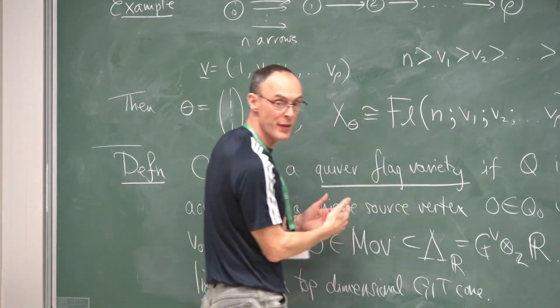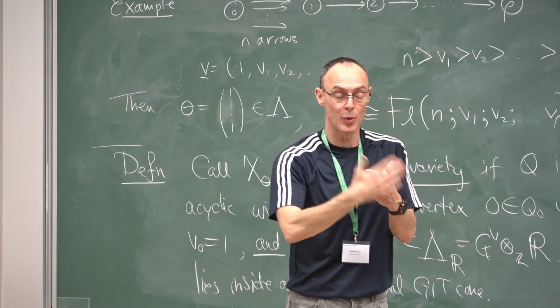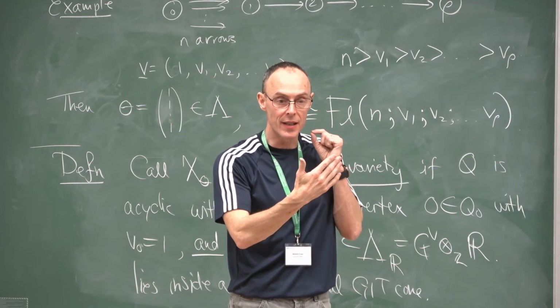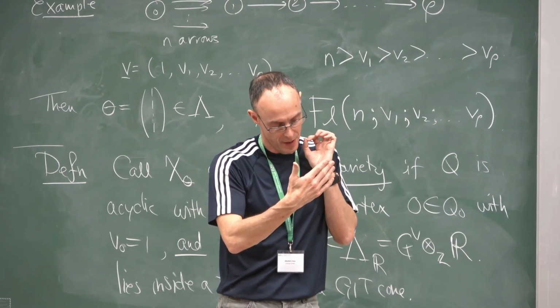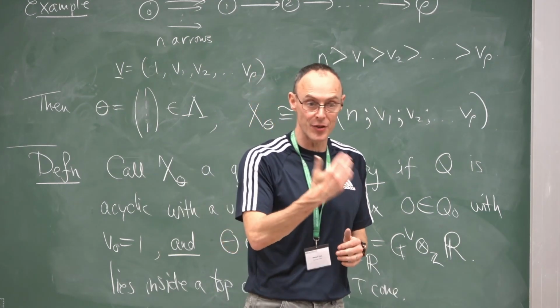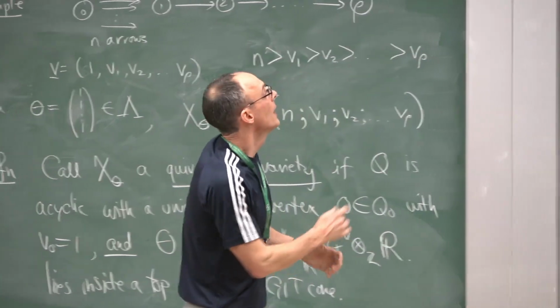So for that particular theta, let's put it another way, the GIT chamber containing that has a supporting hyperplane where I can induce a contraction with fibers that are Grassmannian. So I get an iterative tower of Grassmann bundles.